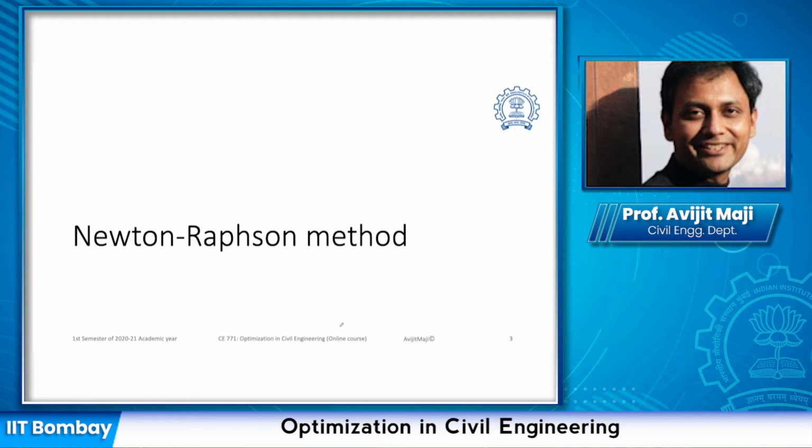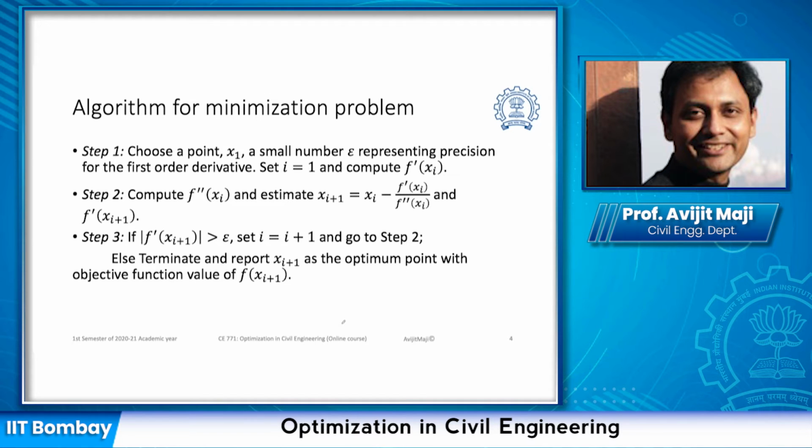It's a very simple method. In this method, we start with the point x1 and decide a small number representing the precision for the first order derivative of the objective function.